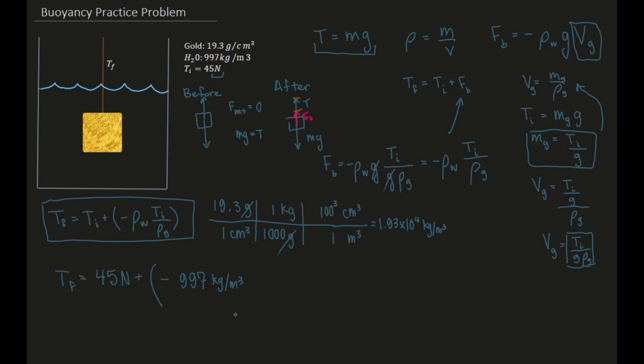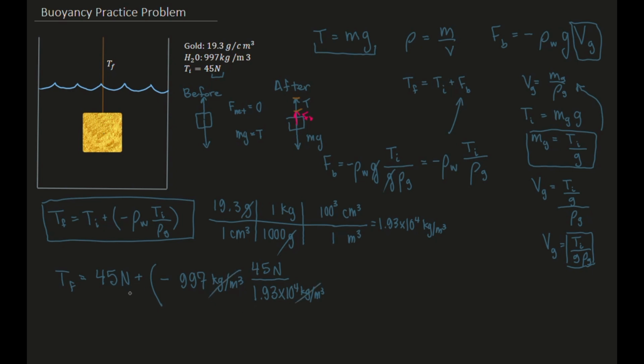So this is over 45 newtons divided by the density of that gold, which we just calculated to be 1.93 times 10 to the 4 kilograms per meters cubed. These units will cancel out. What I'm left with is newtons, and I can add newtons to newtons, so I've done it correctly.